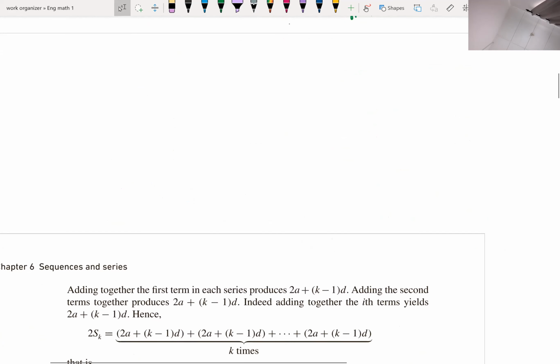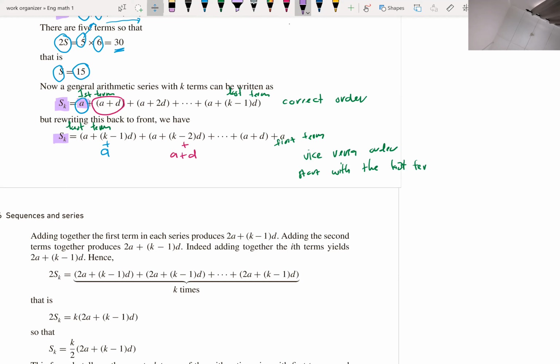This one plus as well. Then the next color will be this one. Then this color, which is the last term, we will add here.